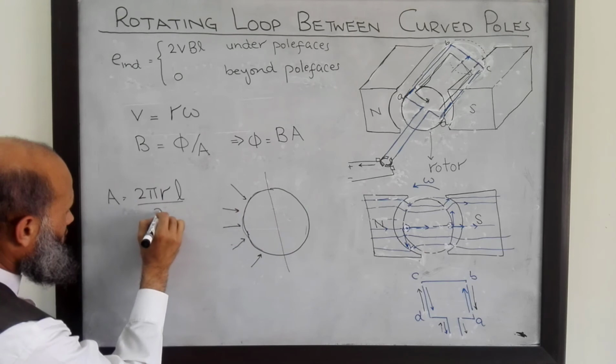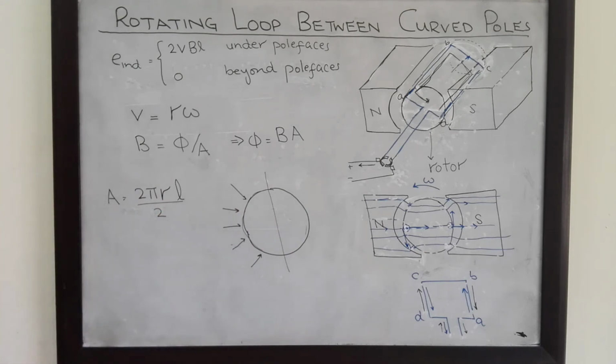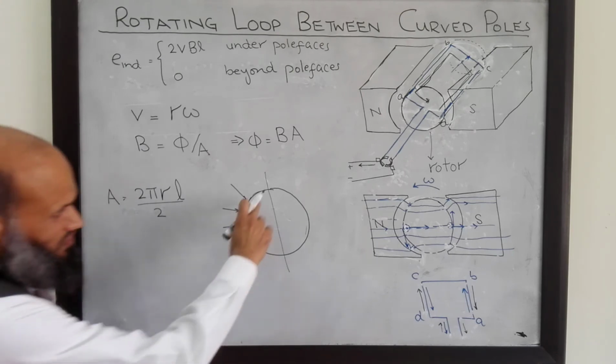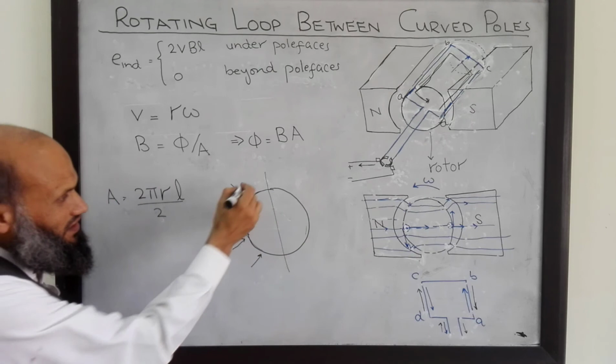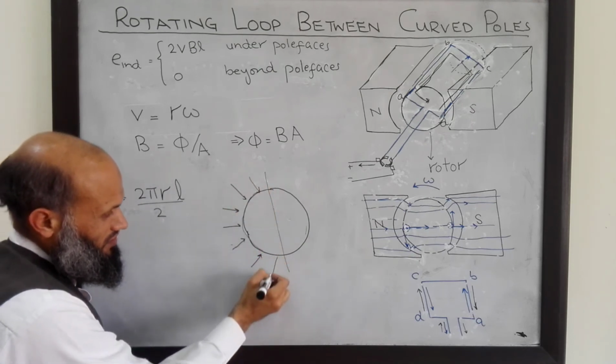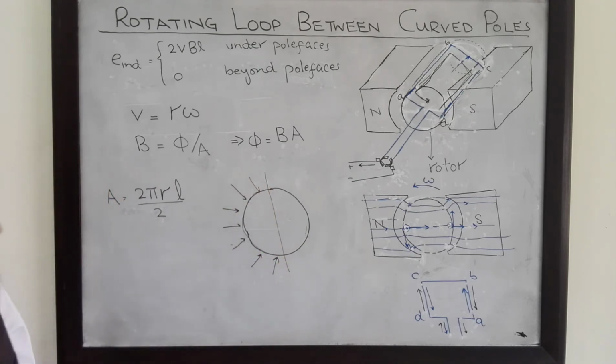So divided by 2. Total area divided by 2 is the area which is perpendicular to these flux lines.